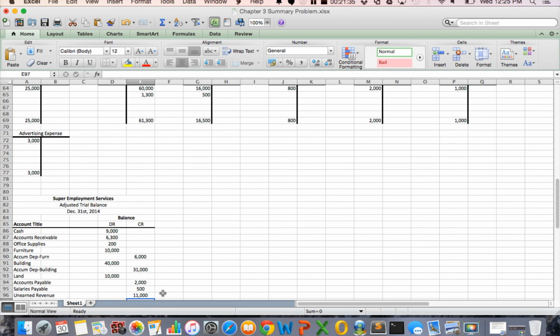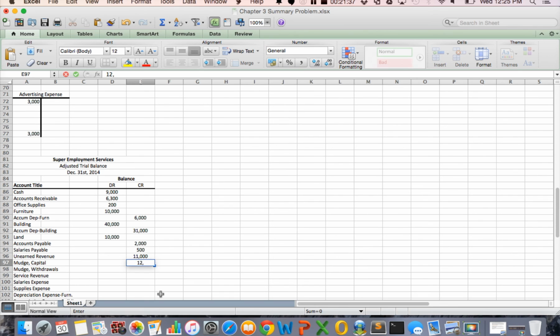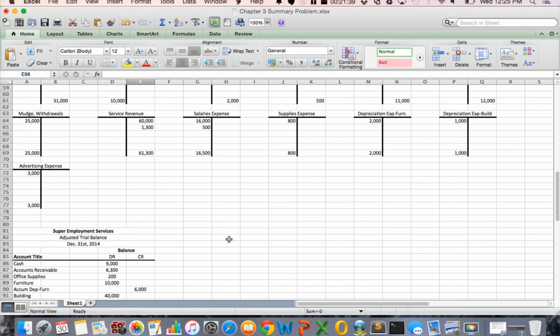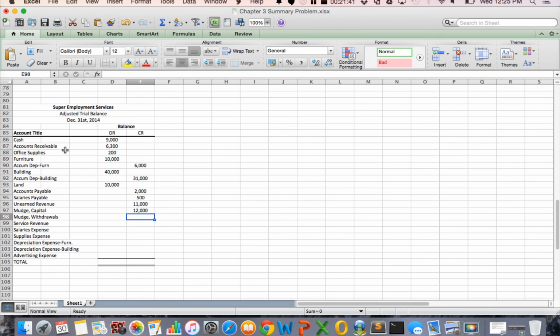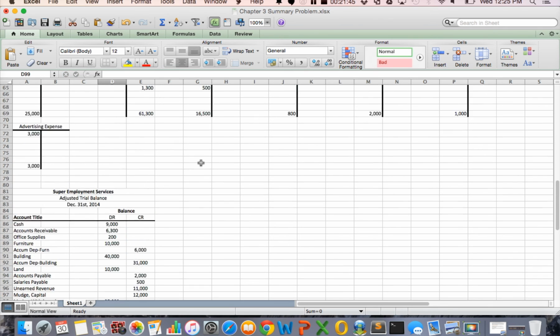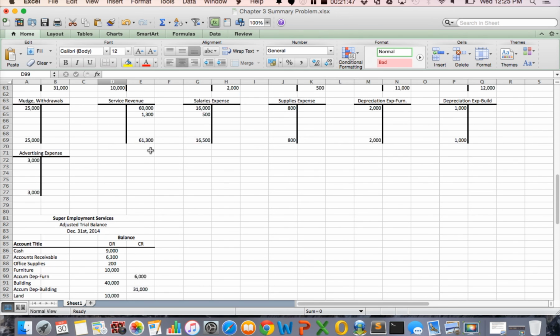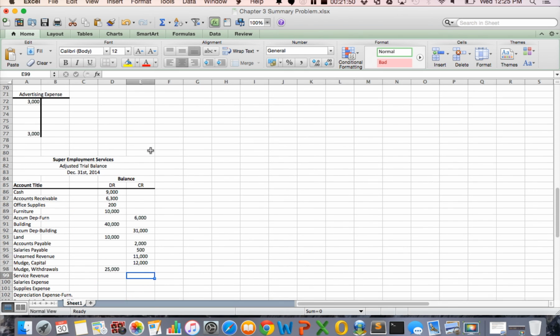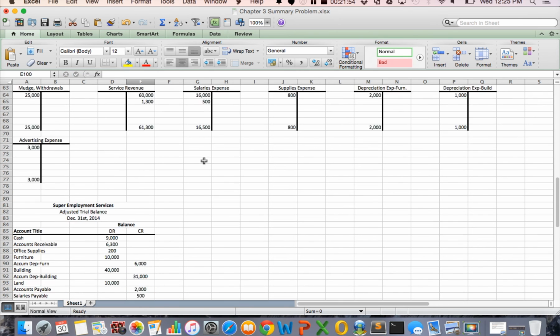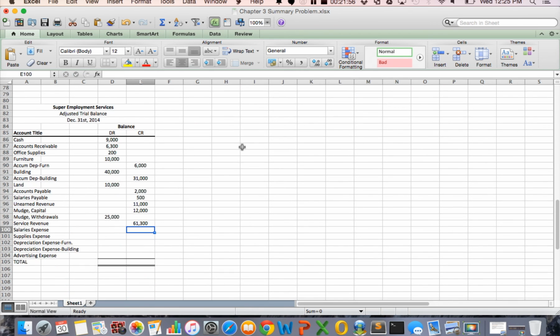Mudge capital didn't change, so that's 12,000 credit. Mudge withdrawals, debit, 25,000. Service revenue, 61,300 credit. Salaries expense, 16,500 debit.